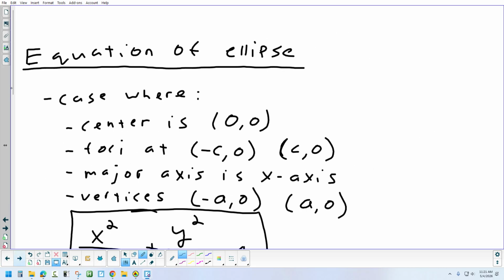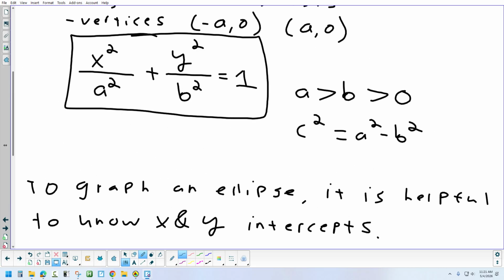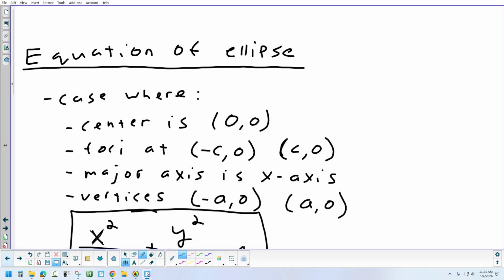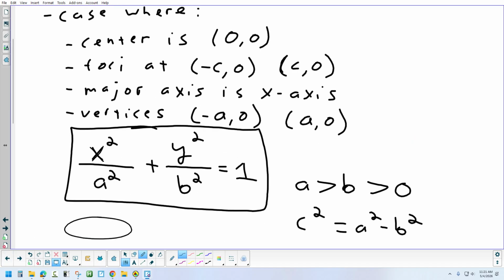If you put the bigger number under X, the ellipse goes in the X direction. So A is always the bigger number, and wherever you put A, look at what's above it, and that letter will tell you the direction of your ellipse. Everything else is the same. It's still x squared in the upper left, y squared in the upper right, and it always has to equal 1. If it's not equal to 1, you need to fix it so it is.